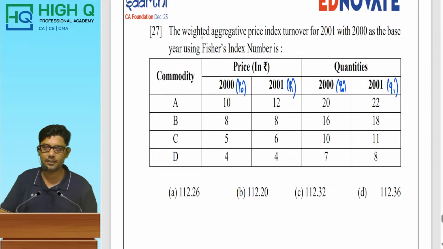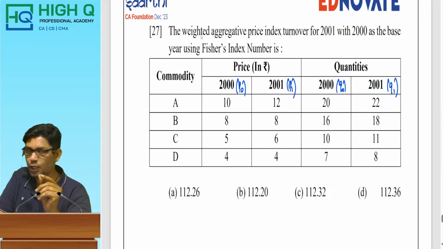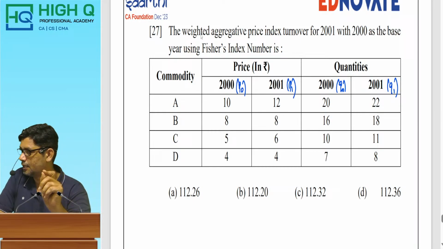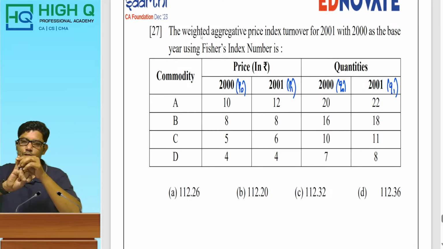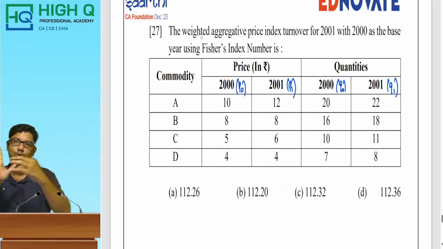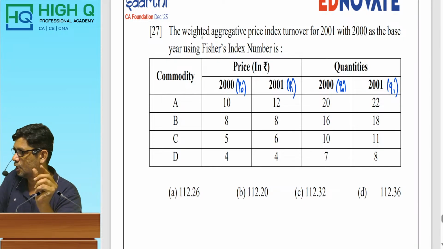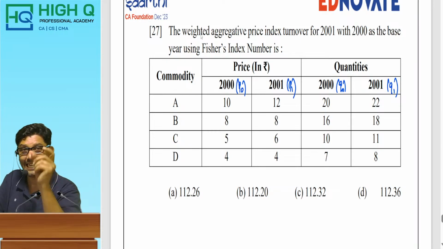My dear children, you may know what Fisher's formula is. You may know how to do it. But you don't know how much time we should take. The problem lies there. You remember Fisher's formula, you remember how to solve it, you know how to use the calculator. But we have to do it within the time period. Most people are losing in time.